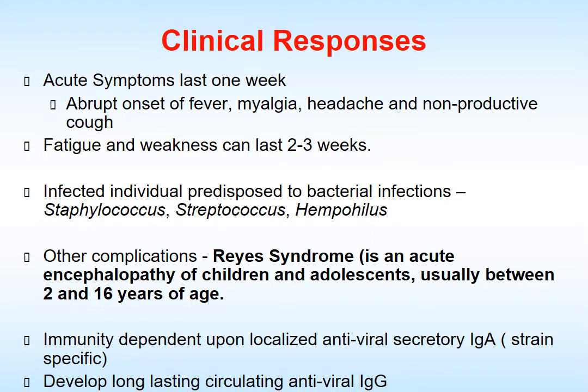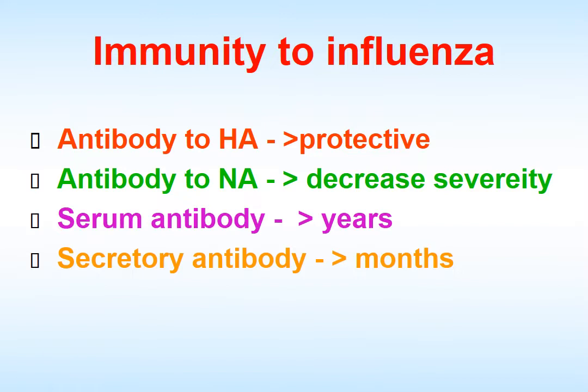years old. Immunity depends upon localized antiviral secretory immunoglobulin A and the development of long-lasting circulating antiviral immunoglobulins G. On this slide you can see that antibody to hemagglutinin is protective antibody, antibody to neuraminidase decreases the severity of the disease, and serum antibody can persist in serum for several years.